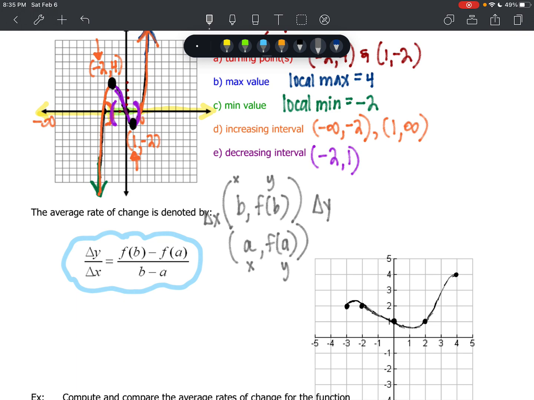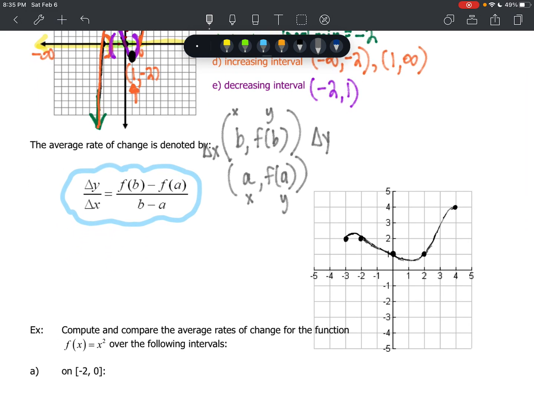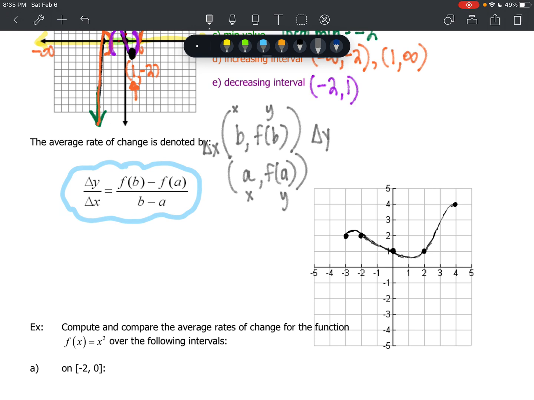Now, on a straight line, your change in y over your change in x is going to be constant. No matter what ordered pairs you pick on your straight line, you'll always have the same slope. But when we're talking about a curve, your average rate of change varies. For instance, if I were to find the slope between these 2 points, I would get a negative slope.